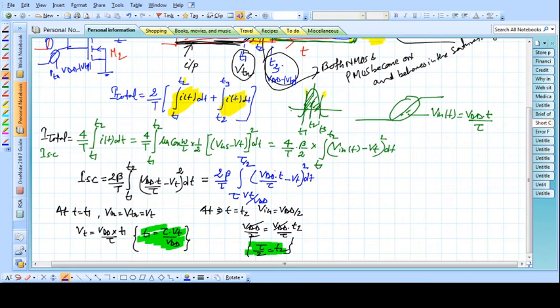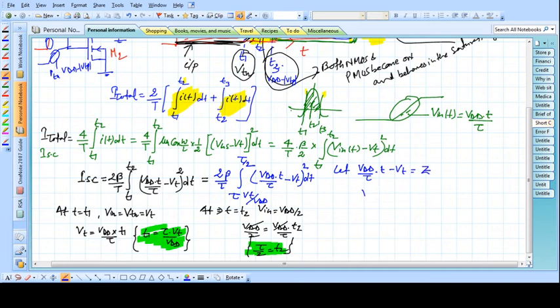Okay, now what we have to do is solve it. So this is a very simple integration. To solve this one, we assume that VDD by tau into t minus vt is z.